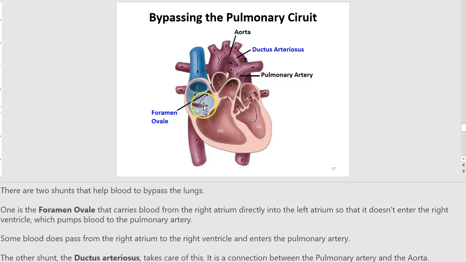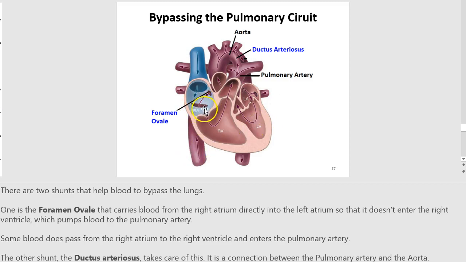But rather than pumping all that blood into the right ventricle to go to the pulmonary circuit, most of the blood will cross directly over into the left atrium by going through the foramen ovale. Therefore, it enters the systemic circulation right away.